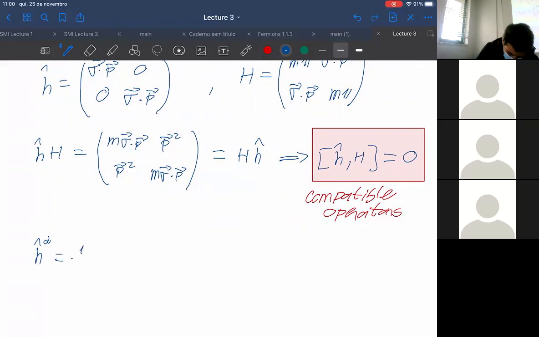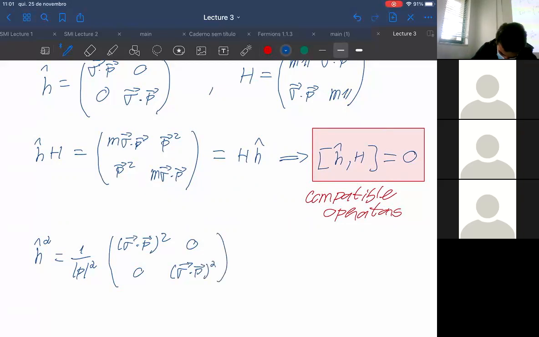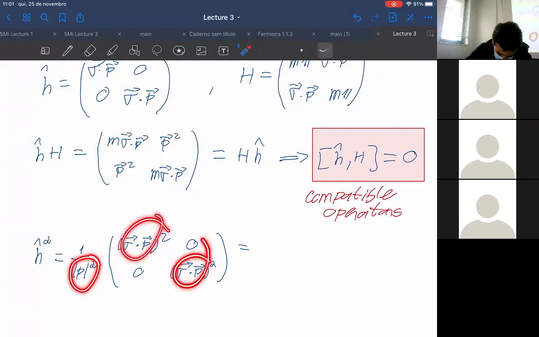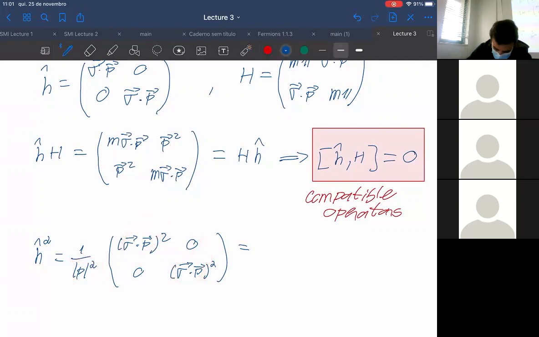So 1 over P squared, sigma dot P squared, 0, 0, sigma dot P squared, which is simply equal to, and that's why I wrote this P outside, because this is P squared, each of these, 1, 0, 0, 1. So pretty much this is an identity.